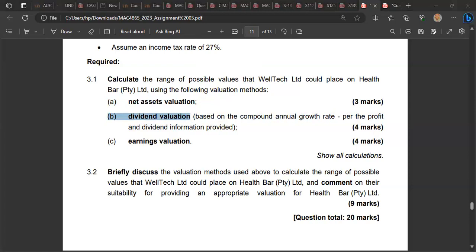And then under what circumstances is such a method used? This method would be suitable when the primary goal of the investor is dividends. So what kind of investor are you? Maybe you are an investor that's not quite interested in the long-term viability of the company. You simply want to get earnings in terms of dividends.